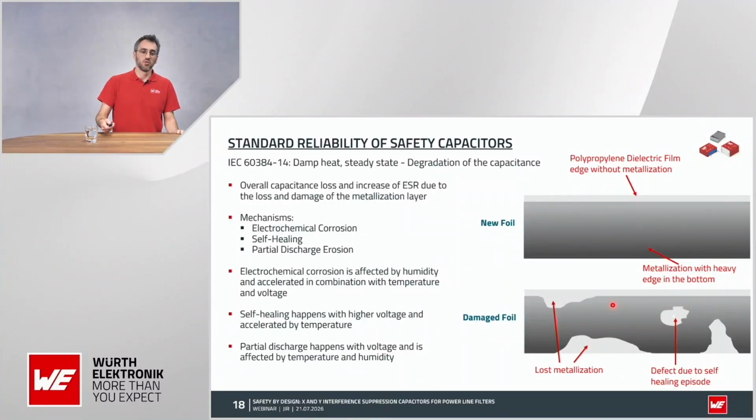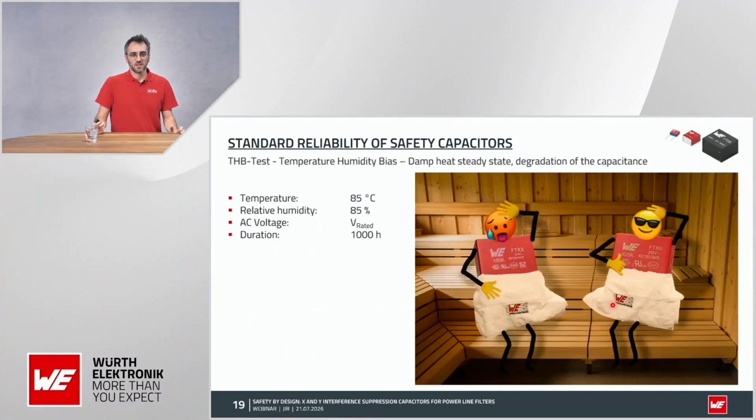In total, when we are losing more and more of the electrode surface, we are losing capacitance and increasing ESR. Some capacitors are more affected by temperature and humidity than others. This is why the capacitor on the right is still very happy in the sauna. Now, as I mentioned, the combination of high temperature, humidity, and voltage is what accelerates the corrosion of the metallization.